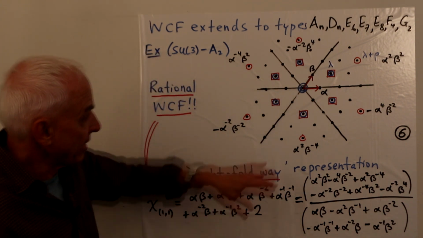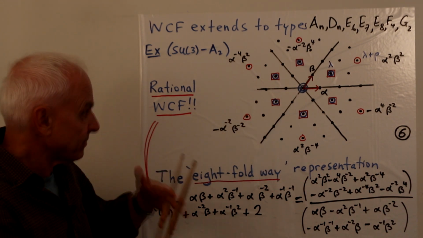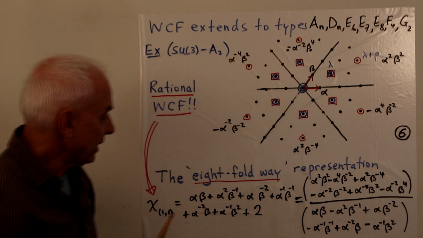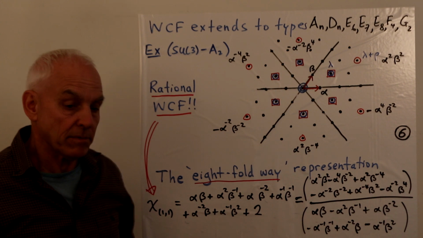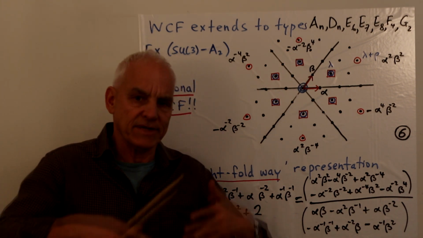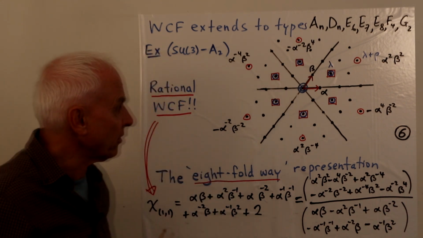And it turns out that exactly this picture here, which I'm about to explain to you, an aspect of the Weyl character formula in this case, is really responsible for what's called the eightfold way, introduced by Murray Gell-Mann in the 1960s, which really set the stage for the modern theory of the Standard Model of particle physics.